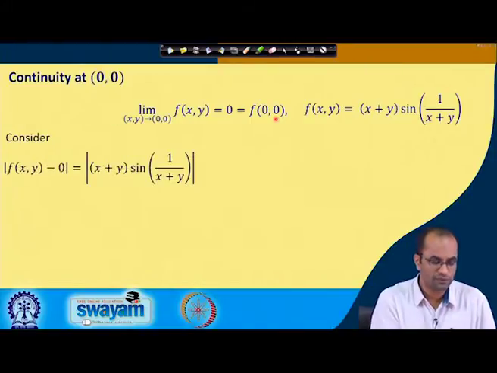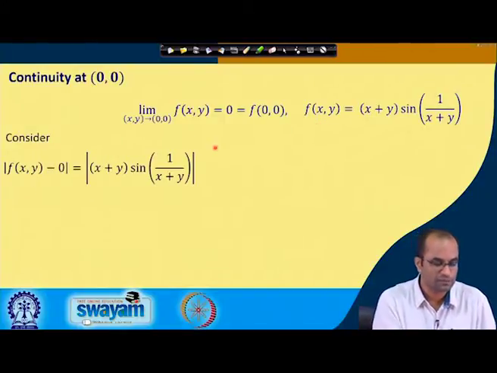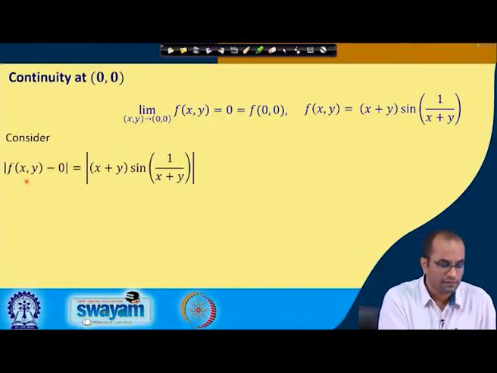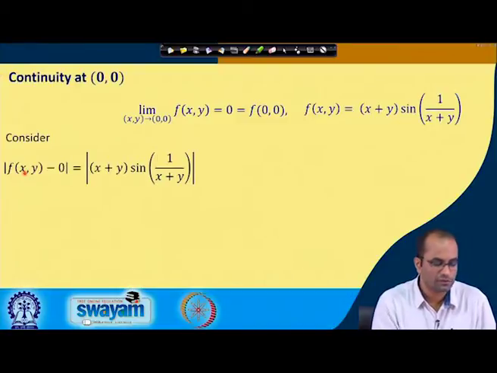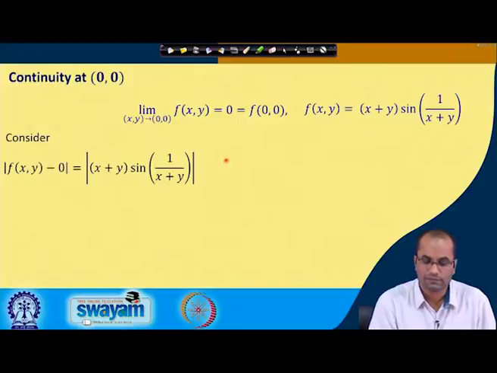We can use, for example, the delta epsilon definition, or we can also do it directly as we have done in the previous lecture. So let us go through the standard epsilon delta definition. Here f x y minus 0, the function value, is equal to x plus y sin 1 over x plus y, and we know that the sine is bounded by 1.